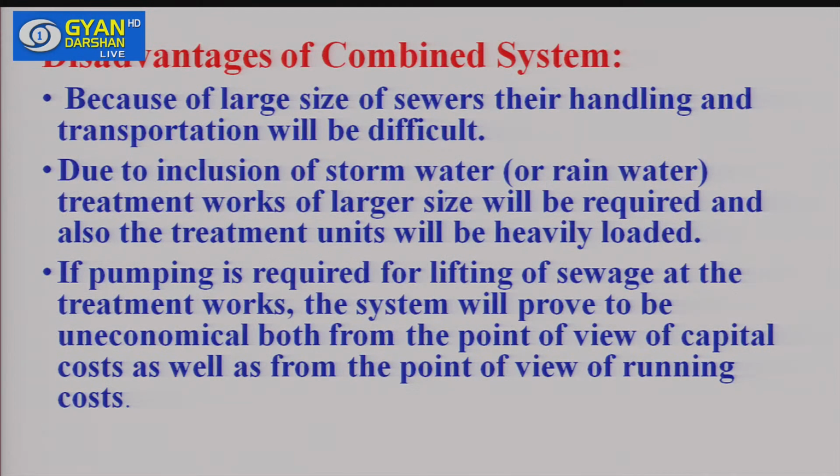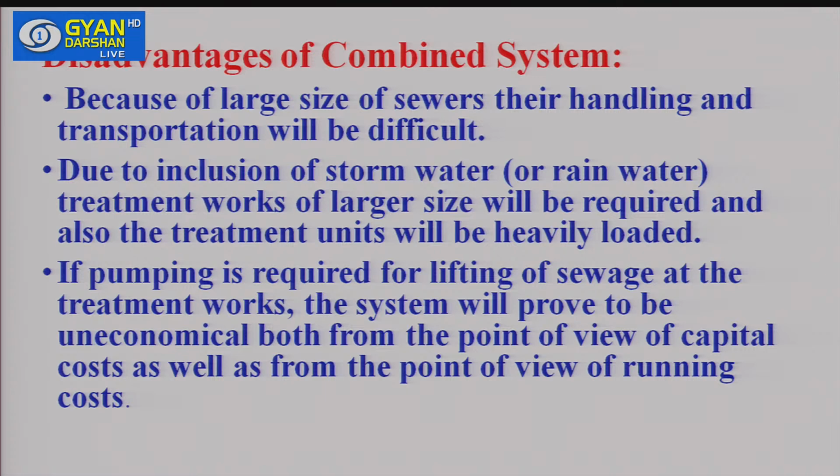There are some disadvantages also of the combined system. Because of the large size of sewers, their handling and transportation will be difficult. Due to the inclusion of storm water or rainwater, treatment works of larger size will be required, and also the treatment units will be heavily loaded.